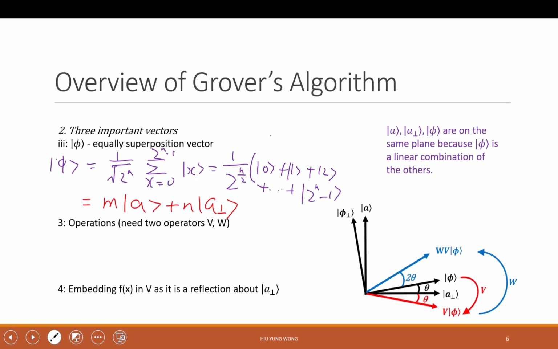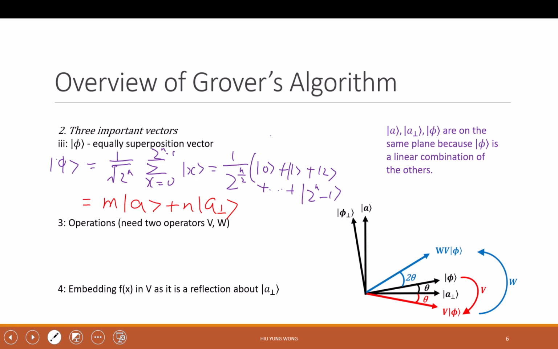And then you will do a measurement, because you cannot get to A exactly, right? It may have a little bit of angle, so it becomes A plus something else. But something else is very small. When you do a measurement, there's a very high probability that you will get A because it will collapse to A or A perpendicular. Make sense?